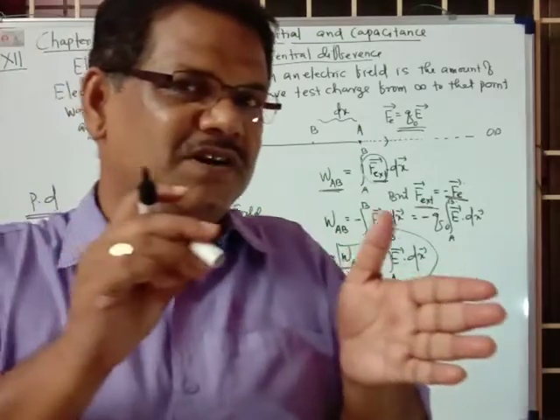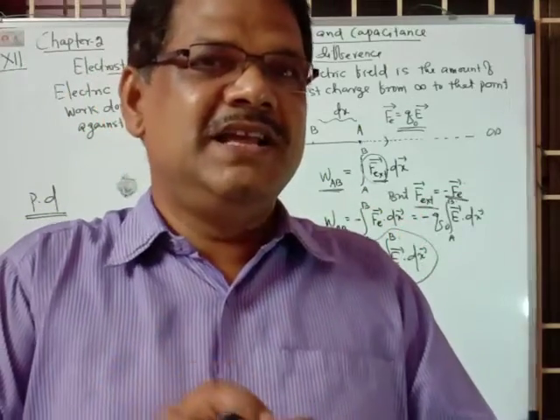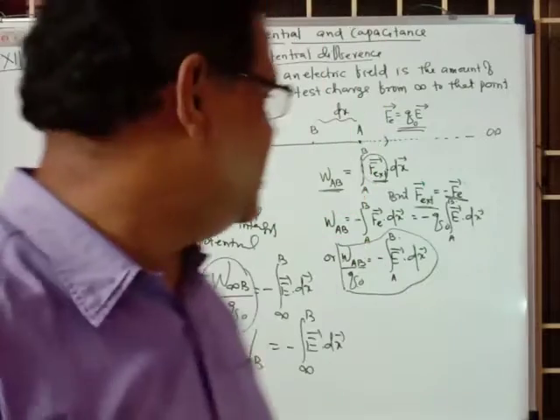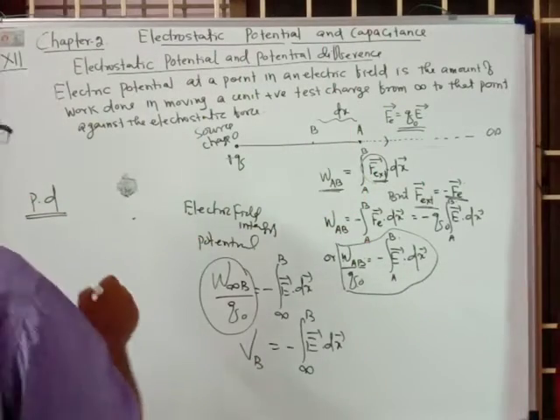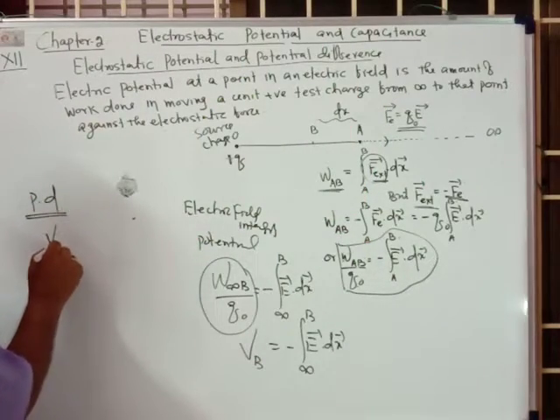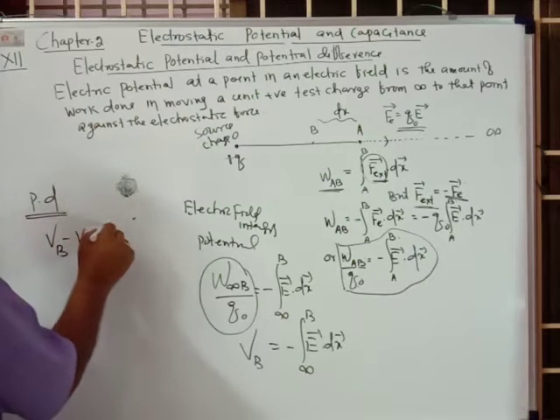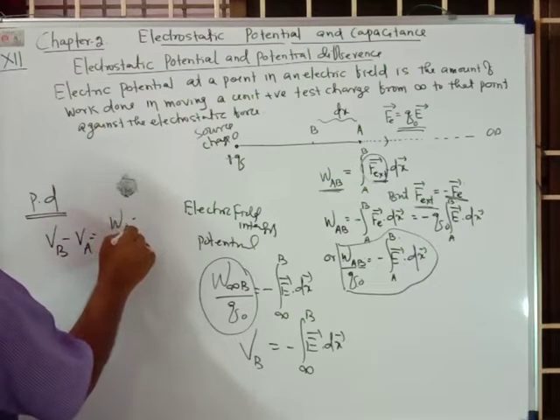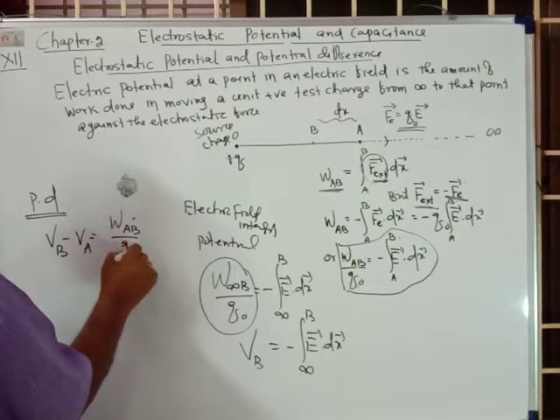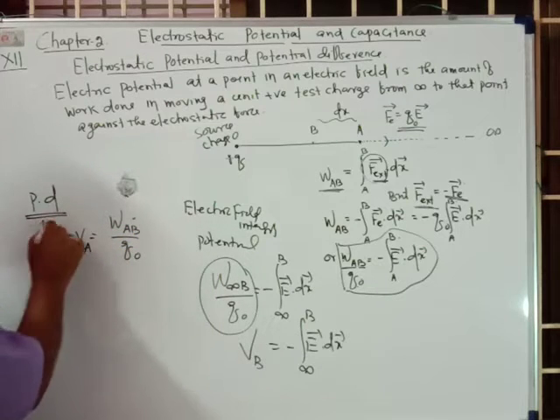Whenever the charge is brought from one point to another, the difference of potential is called the potential difference, and we write it as VB minus VA, that is equal to WAB upon Q naught. This is one formula, the potential difference.